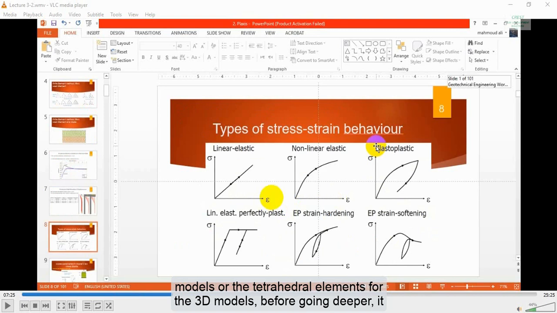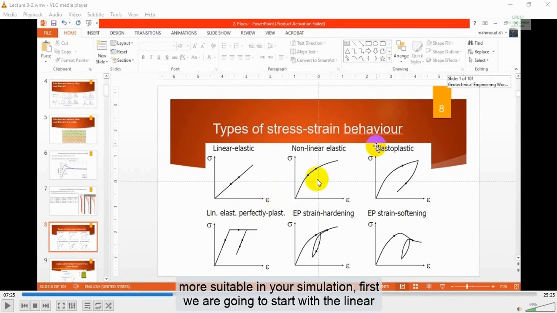Before going deeper, it would be useful to discuss some of the basic concepts about the different constitutive models used to describe the material behaviors, and the advantages and disadvantages of each of them, to help you find which of them is more suitable in your simulation.